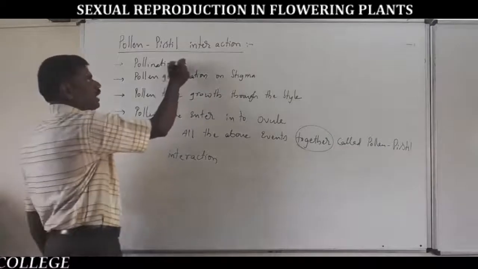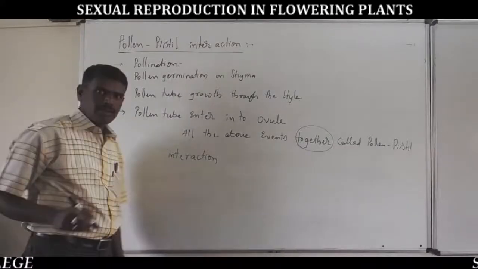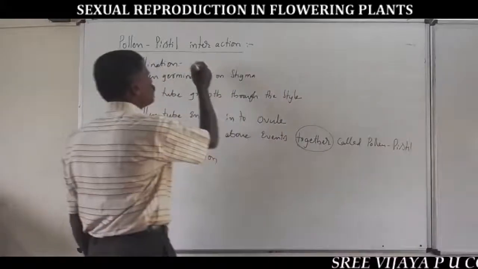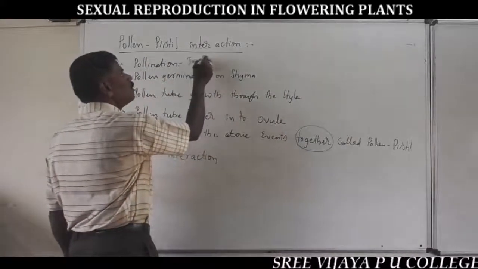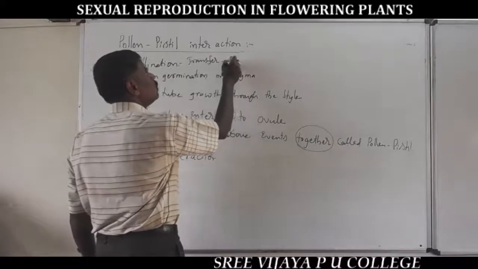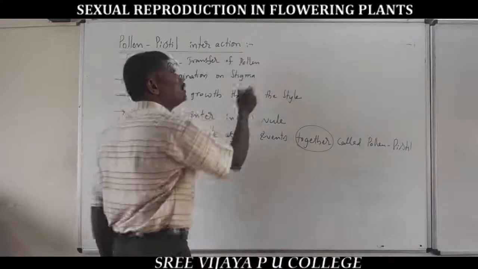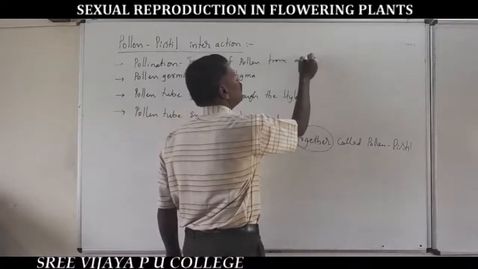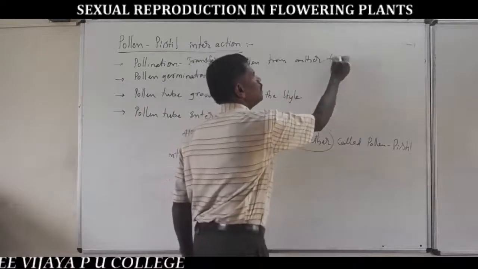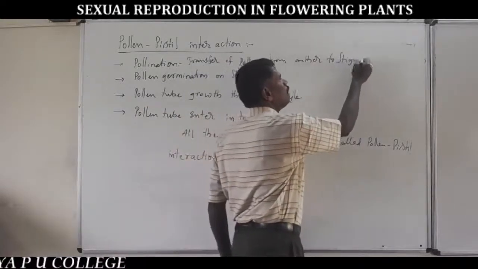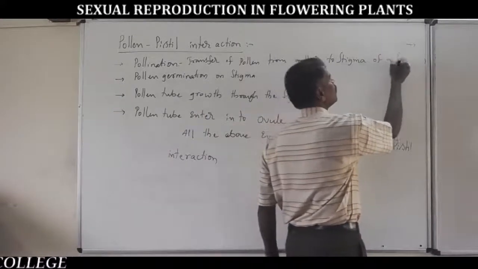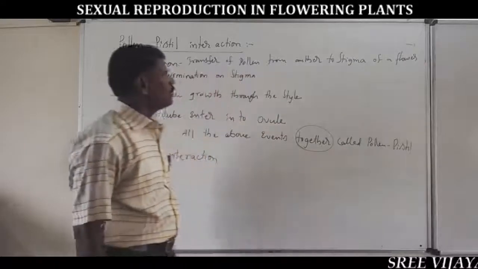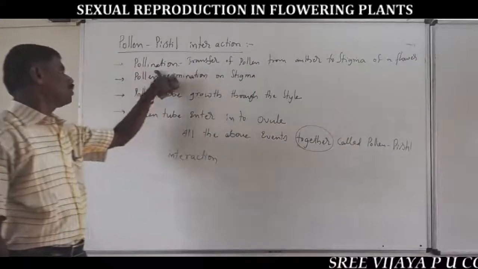The first one, as you know, is pollination: the transfer of pollen grain from anther to stigma of a flower. This phenomenon is called pollination.